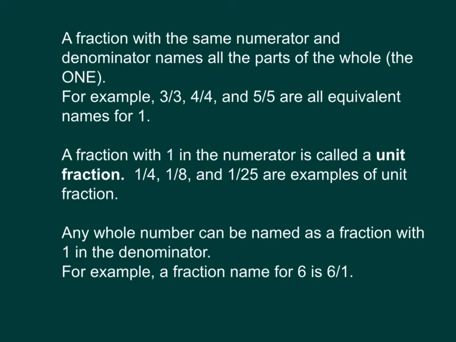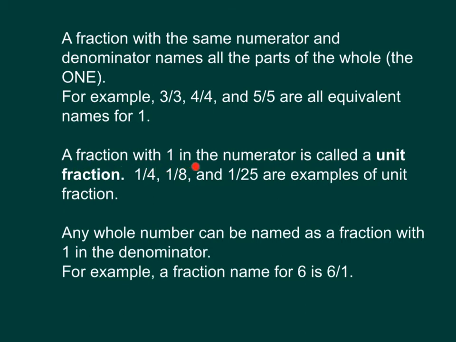Here are some more ideas we'll be talking about throughout this unit. A fraction with the same numerator and denominator names all the parts of the whole, the one. For example, 3/3, 4/4, 5/5 are all equivalent names for 1.